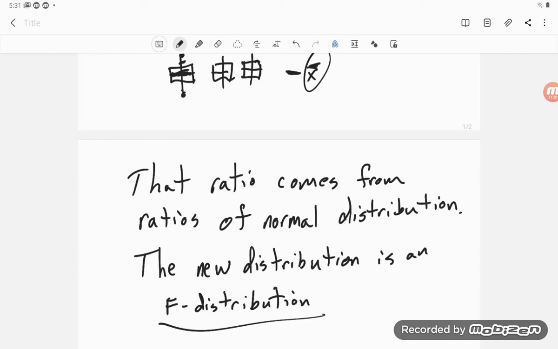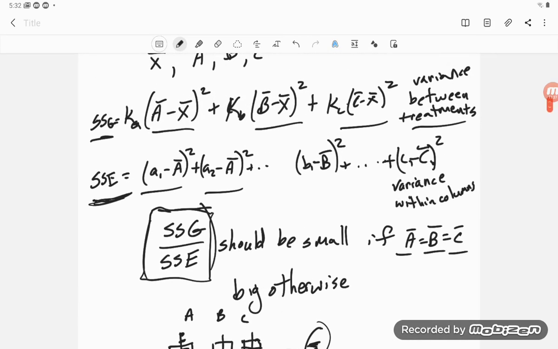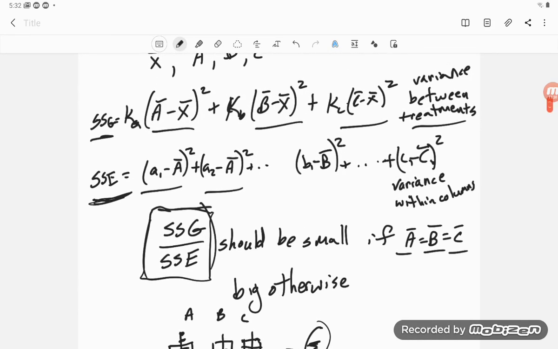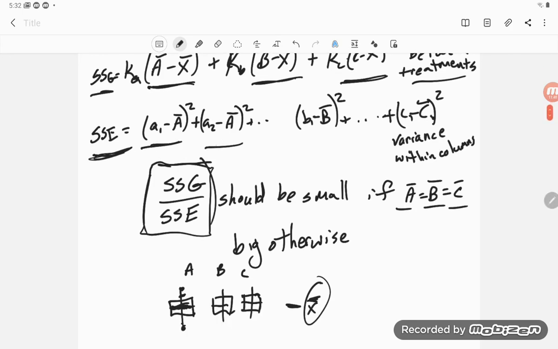But that's all that's going on in this analysis of variance. We are just trying to look at how much the means vary across the groups compared to the overall mean, and how much the means within the groups vary.